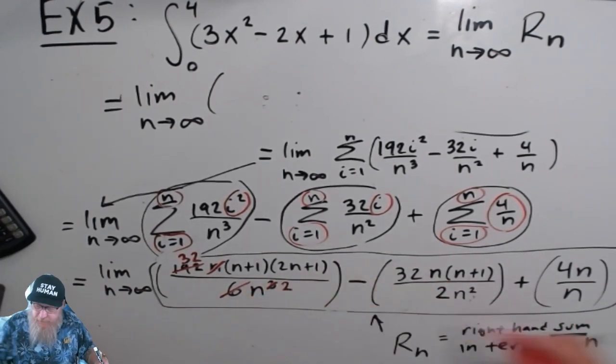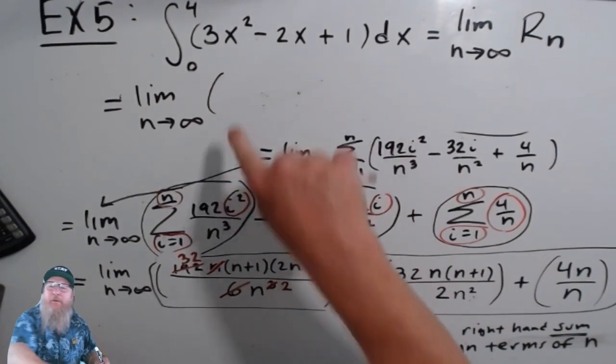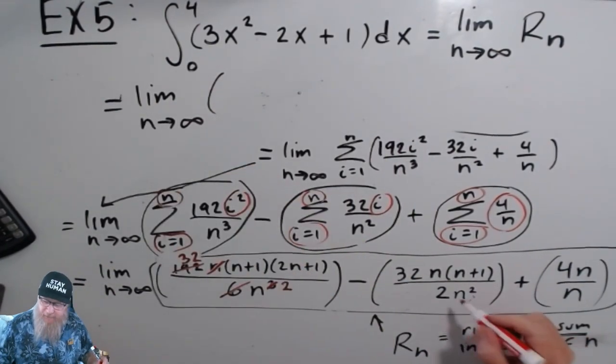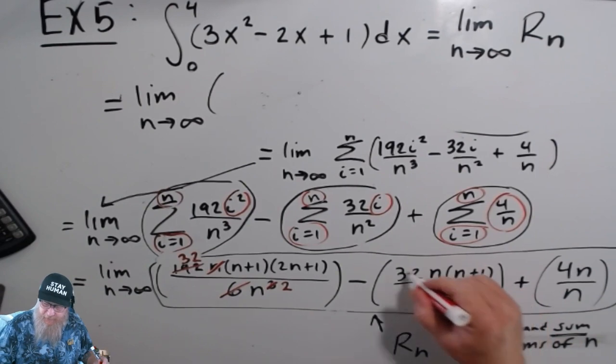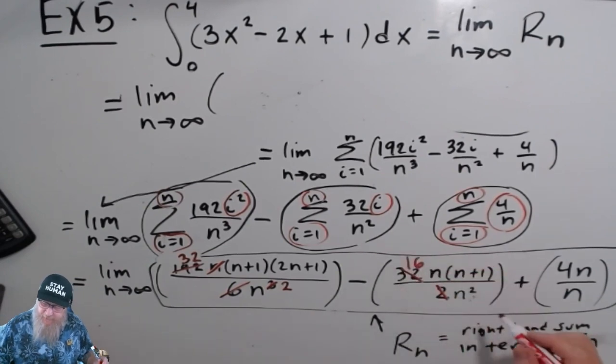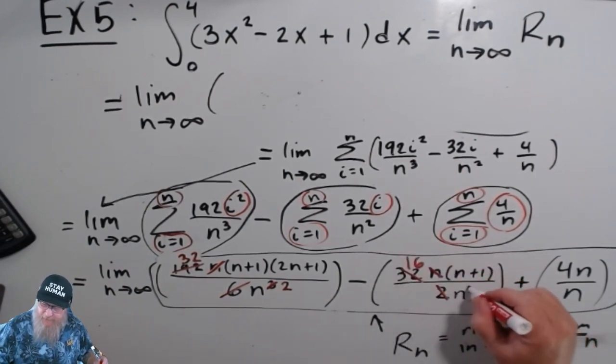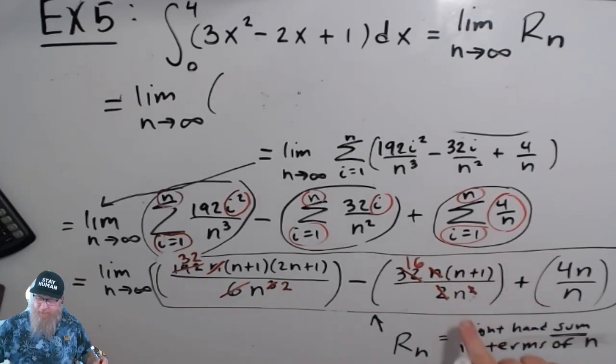The more cleanup you do now, the easier it's going to be when you actually get to the last step of calculating the limit. You've got 32 divided by 2 will make that a 16. and then the n will cancel with the squared, leaving a denominator of just n.